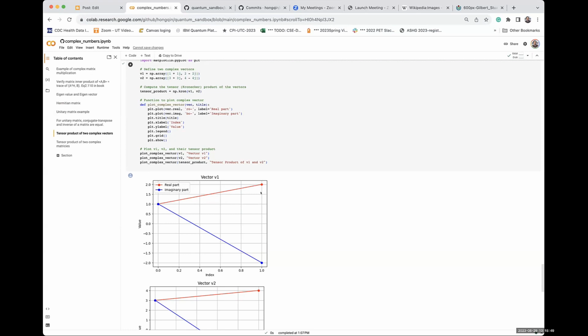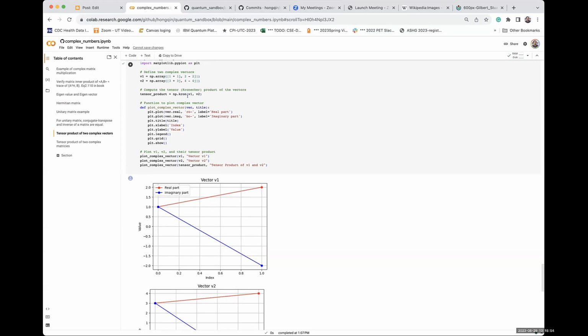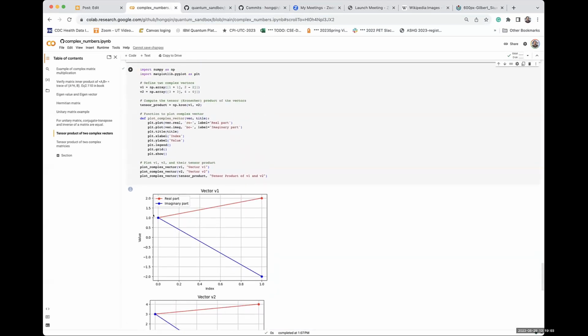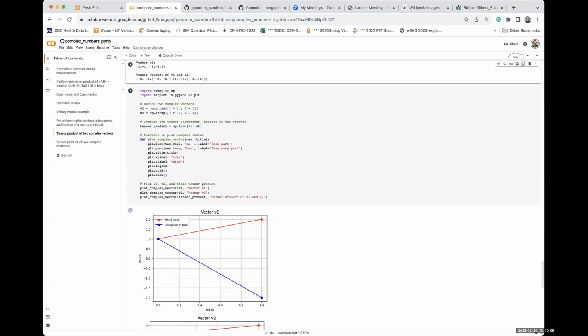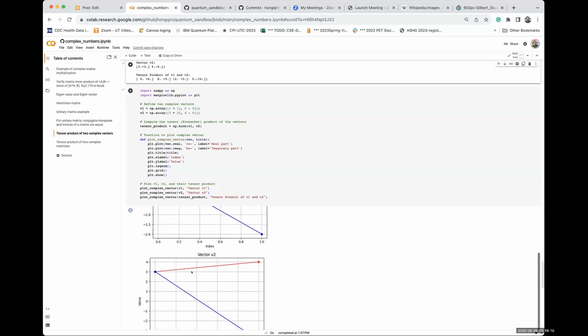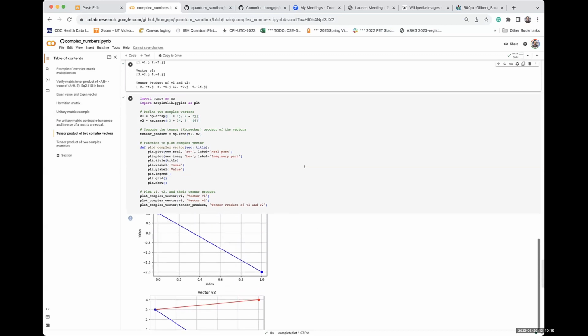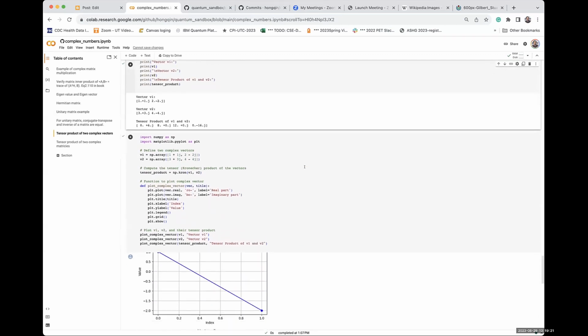V1 is 1, 1, 2, 2. V2 is 3, 3, 4, 4. Is that correct?